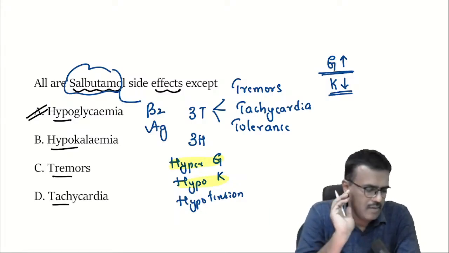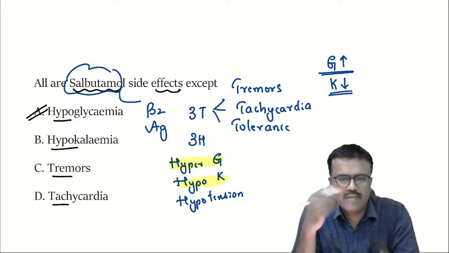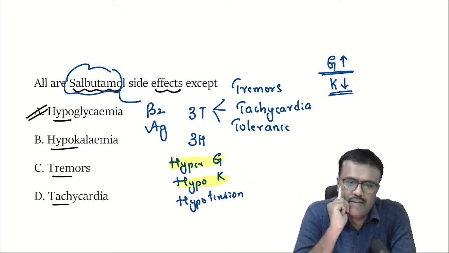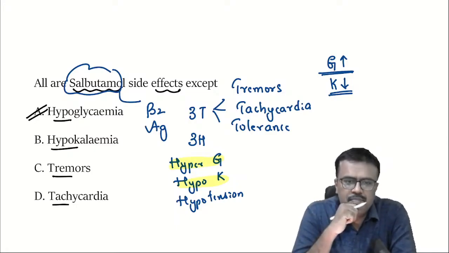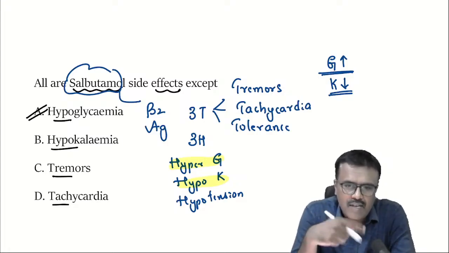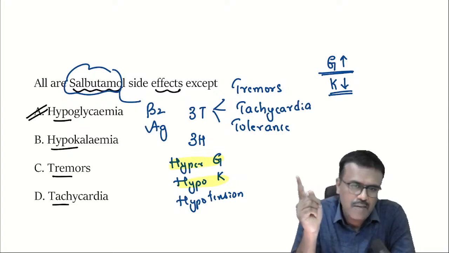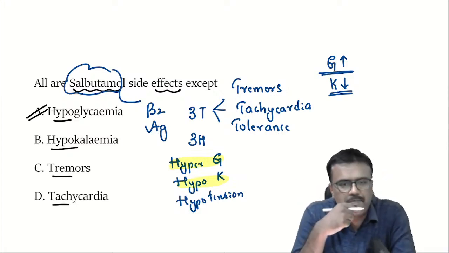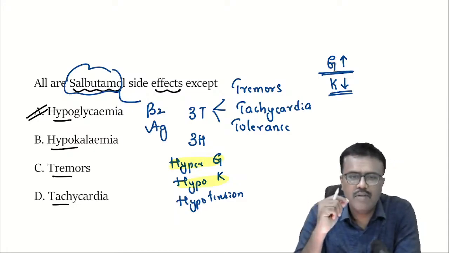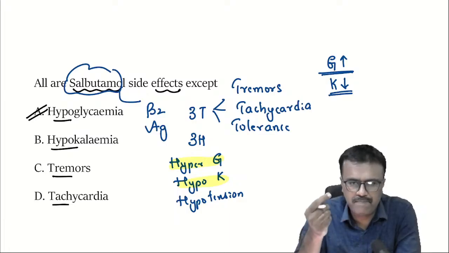Make the mistake here, and the brain will correct it and that mistake won't be repeated in your exams. So don't worry. So the answer is A. It will not cause hypoglycemia, it will cause hyperglycemia.